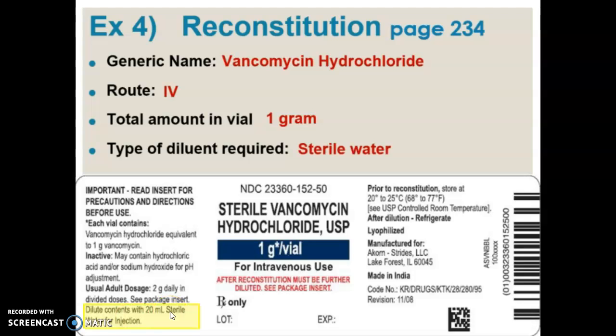It's going to be sterile water. And you'll see that a lot with the IV stuff, that we have to use sterile materials like sterile water, bacteriostatic sterile water, but it does have to be sterile. It comes from a little vial of sterile water. Okay, not tap water here.